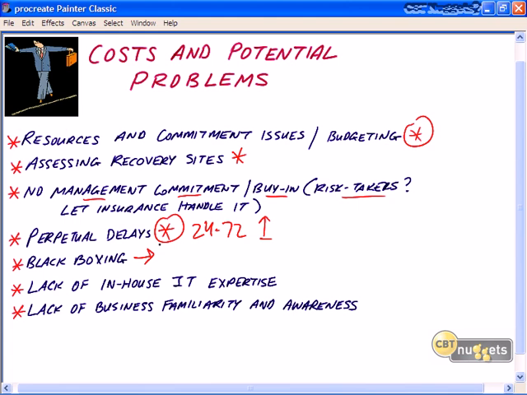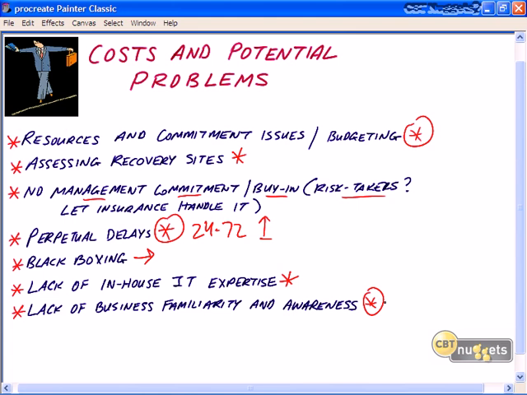Another potential problem for companies is just simply the lack of in-house IT expertise, the lack of familiarity with recovery, the lack of experience with disaster recovery and continuity management. And then an overall corporate lack of business familiarity and awareness is also going to cause problems. Why?